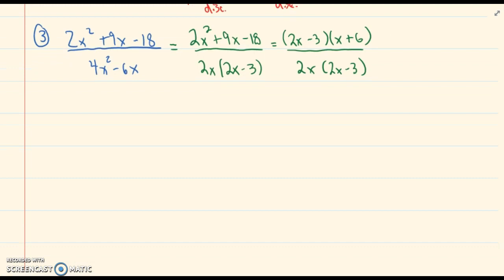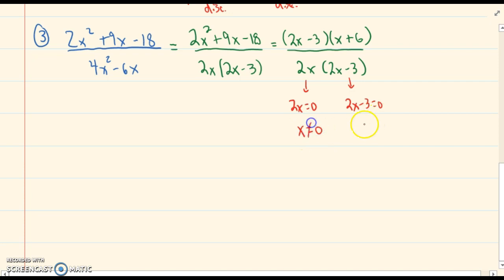And this is where it gets a little bit goofy because we took out a GCF, a greatest common factor. That 2x is a factor that we have to solve. 2x equals 0. 2x minus 3 is a factor that we need to solve. So I've got x can't equal 0, I should say. And solving that, I'm going to add 3 to both sides and divide by 2, and I get 3 over 2.